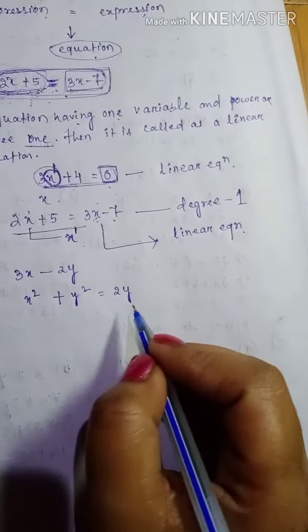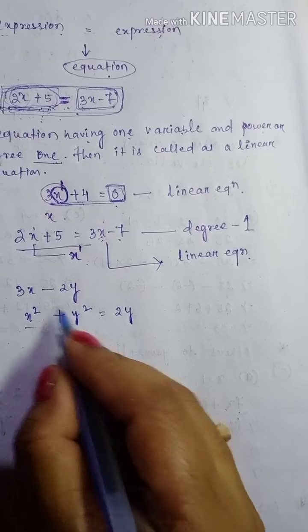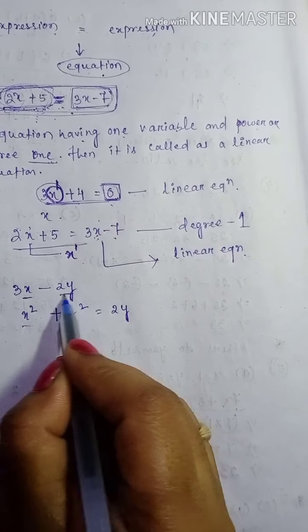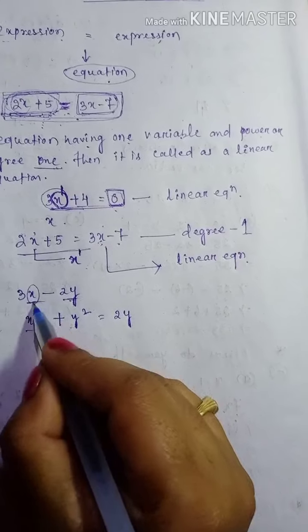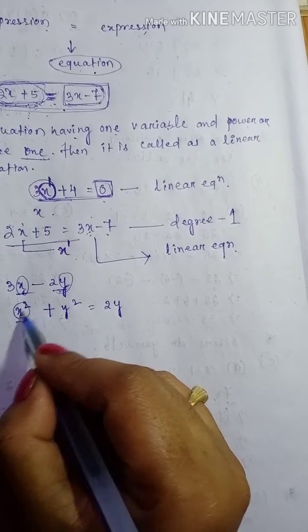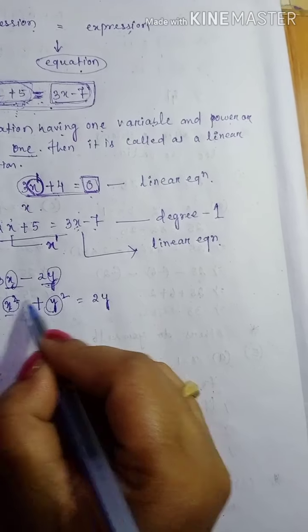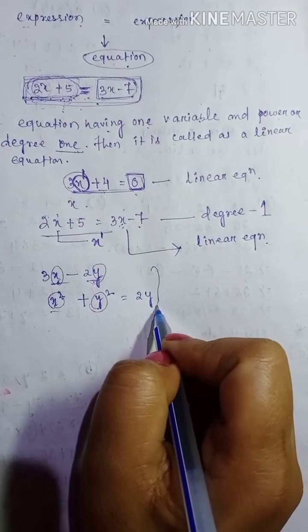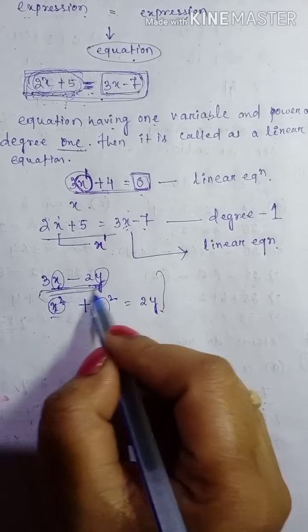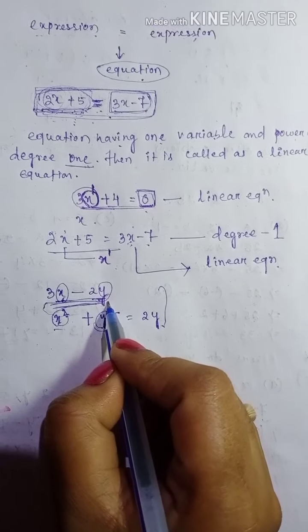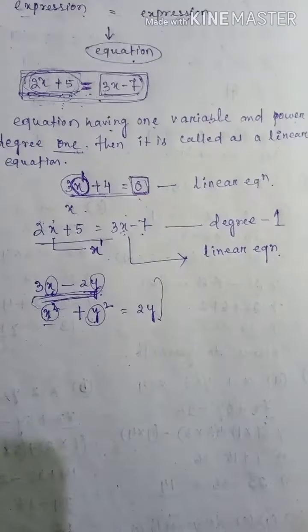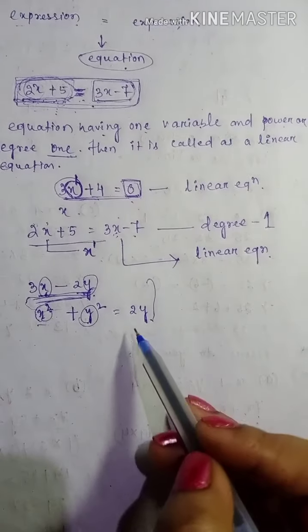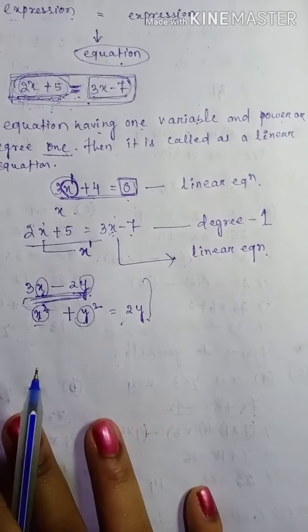In expressions like this, two types of variables are used, x and y, and the power is also 2. So this is an equation having two variables. These are not included in linear equations.